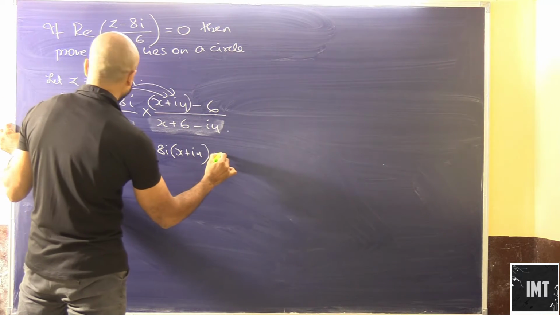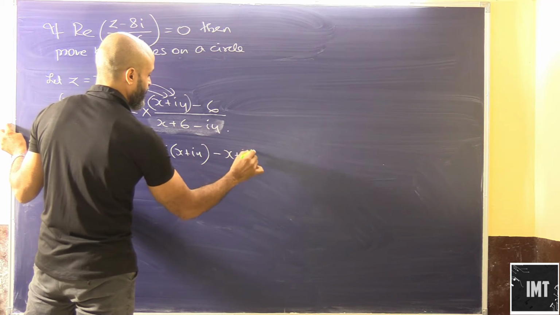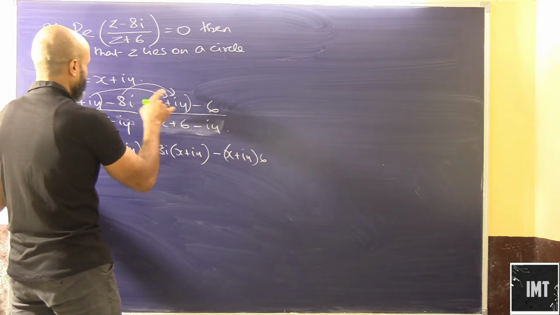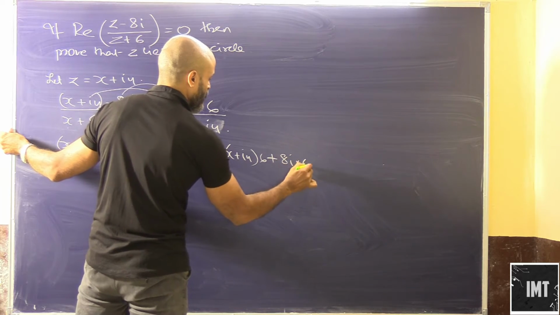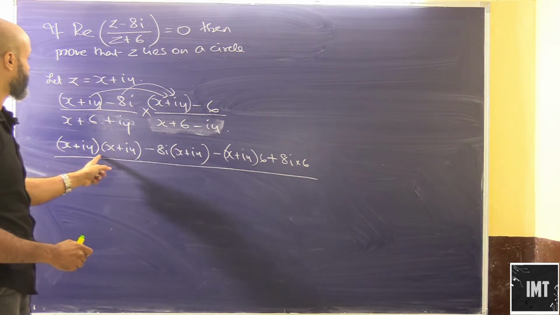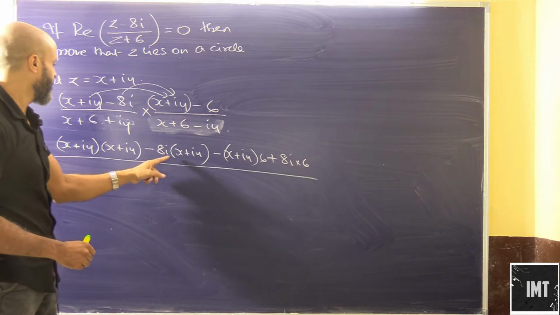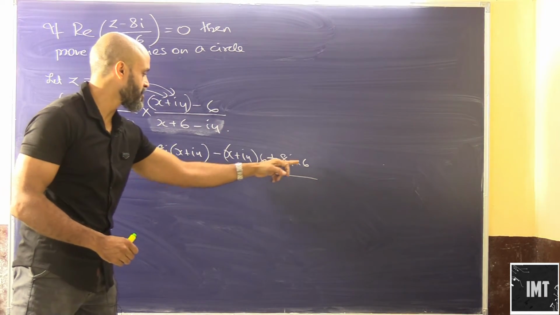Now minus x plus iy into 6 minus, or rather plus 8i into 6. Okay, x plus iy into x plus iy minus 8i into x plus iy, x plus iy into 6, 8i into 6.